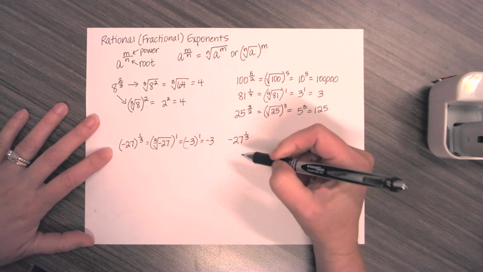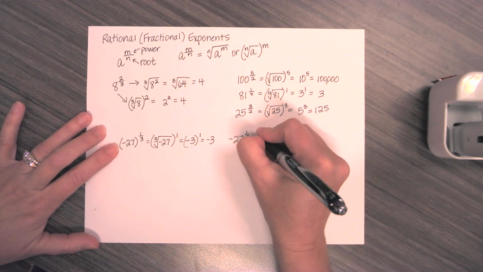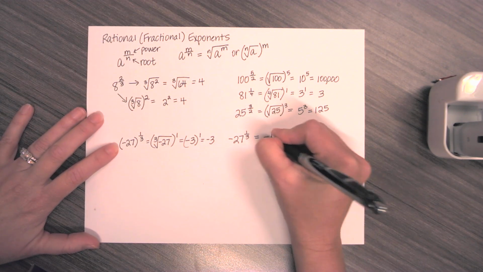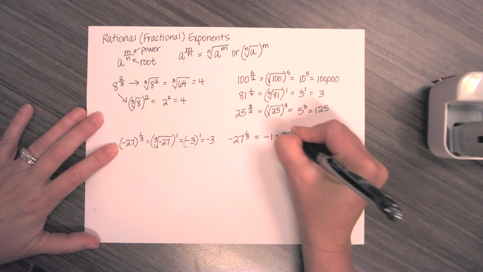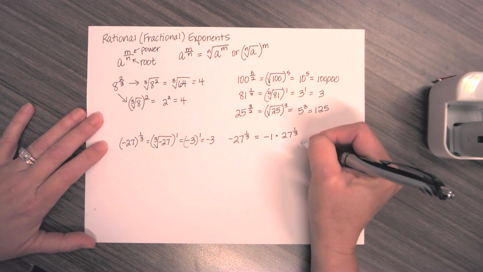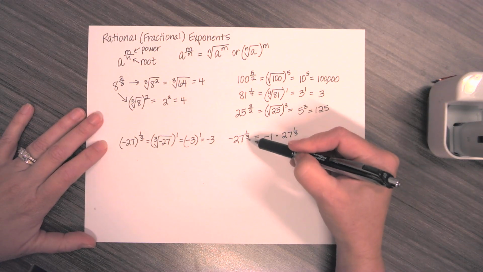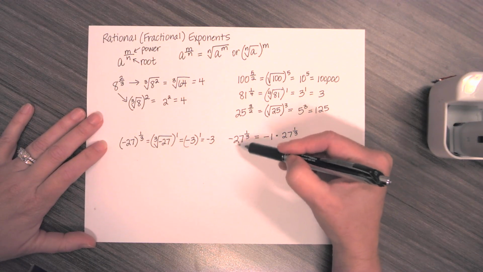Now, if you have this negative out front like this, I want you to think of it as negative 1 times 27 to the 1/3 power, because this negative is not getting raised to the 1/3 power, just the 27 is.